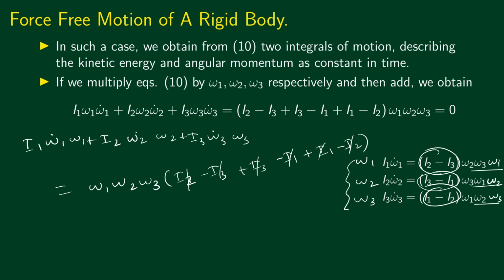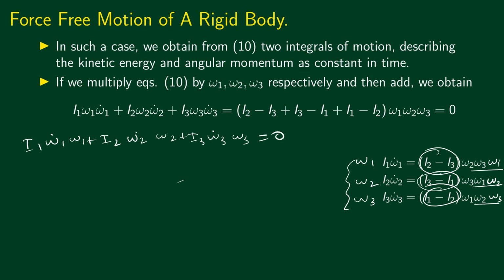So the right hand side is 0. All right, so the equation we now have is I1 omega 1 dot omega 1 plus I2 omega 2 dot omega 2 plus I3 omega 3 dot omega 3 is equal to 0.